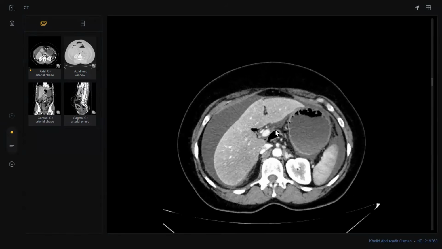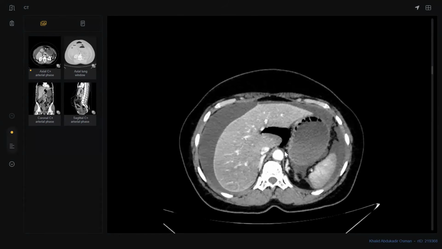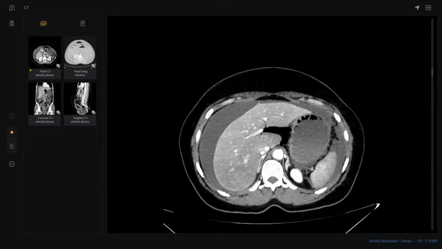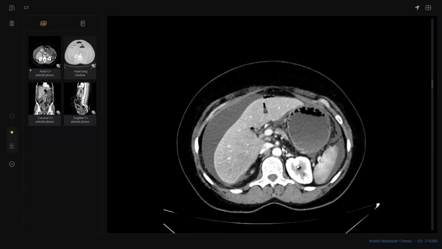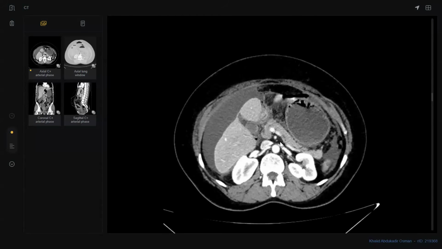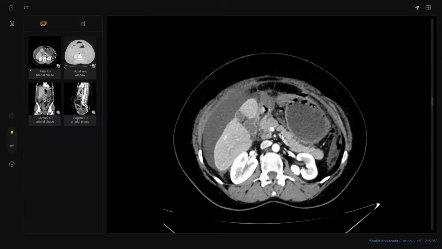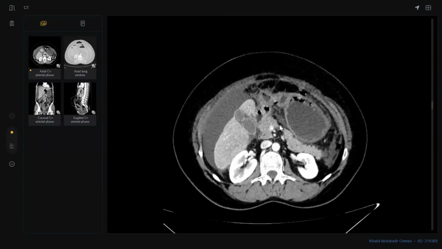The pneumoperitoneum also seems to extend to the falciform ligament, which sometimes denotes that it could be due to a peptic ulcer perforation. So I'm going to have a look further into the stomach to see if there is any defect within the stomach wall.